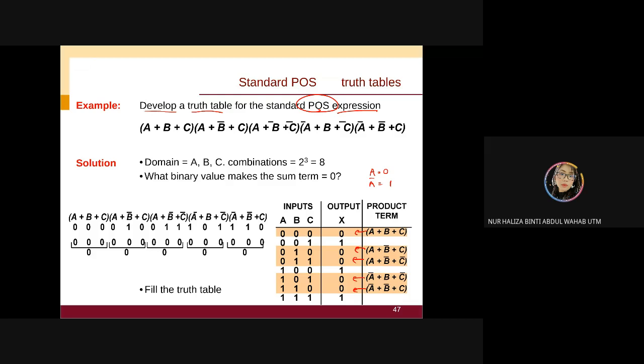That's why you can see over here, you have A, B, C, 0, 0, 0. You have A plus B plus C. For this one, A is 0, B is 1, C is 0, you will get A plus B bar plus C. So altogether, you will get this Boolean expression for your POS.